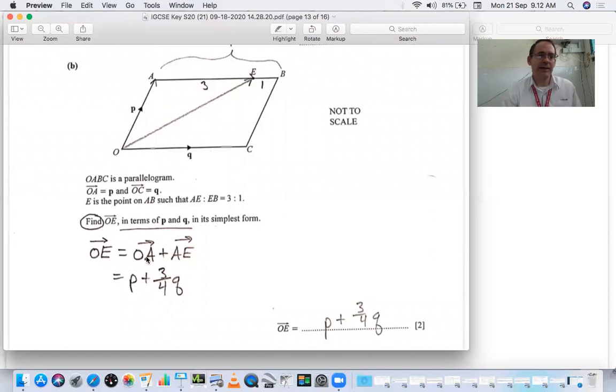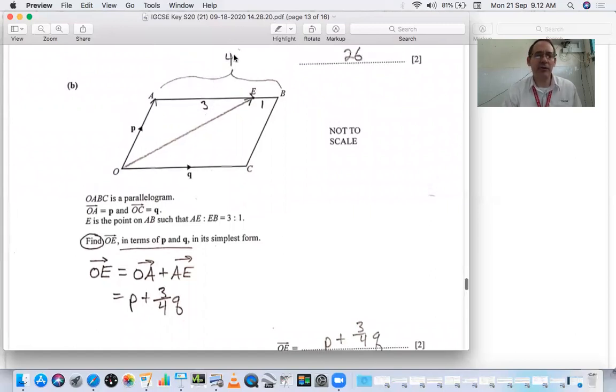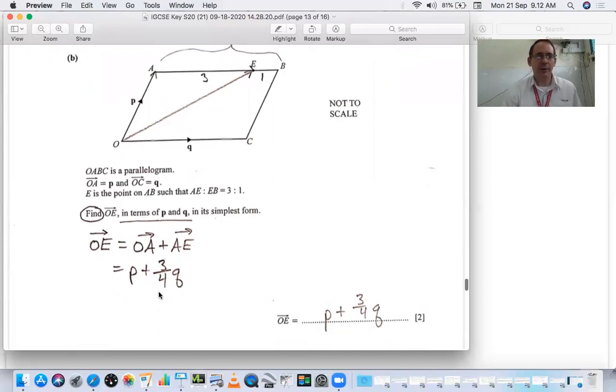OA is P, AE is 3 out of the 4 of this long one, which is Q. Q is AB, which is the same as OC, so all of this is Q. So AE is 3 out of the 4 parts of Q. So then you have P plus 3/4 Q as your answer.